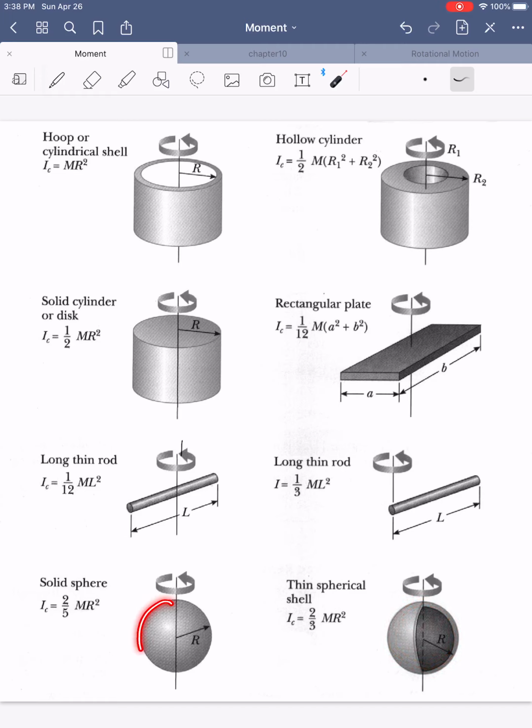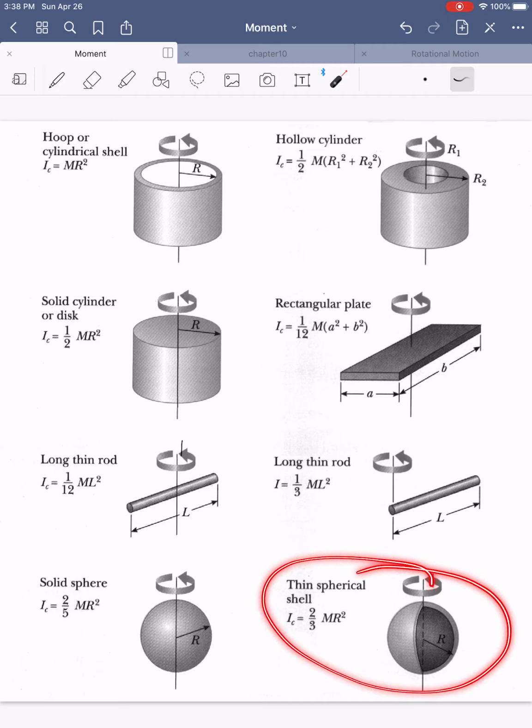And this is the same mass, same radius, but the mass is evenly distributed because this is a uniform solid sphere throughout the body. And so this guy has a larger moment of inertia, and so in theory it should accelerate less than this one.